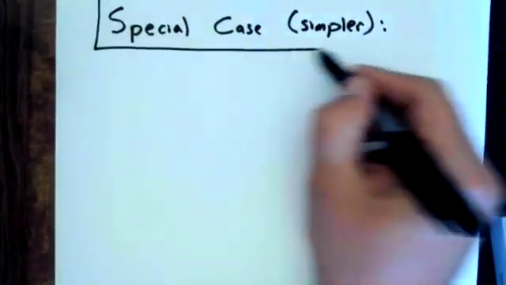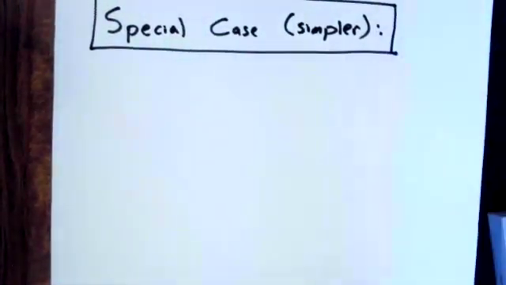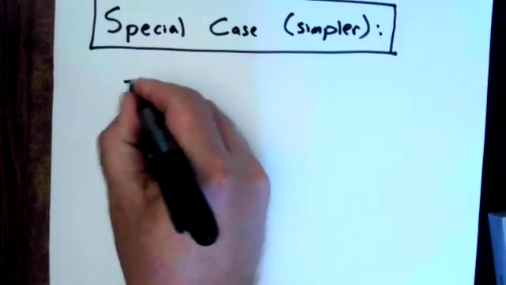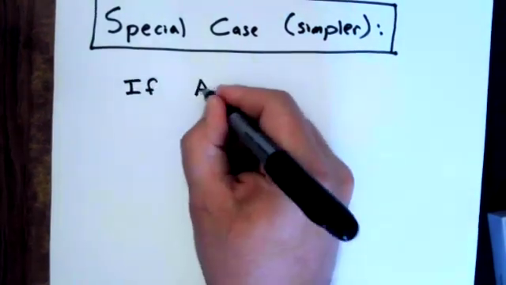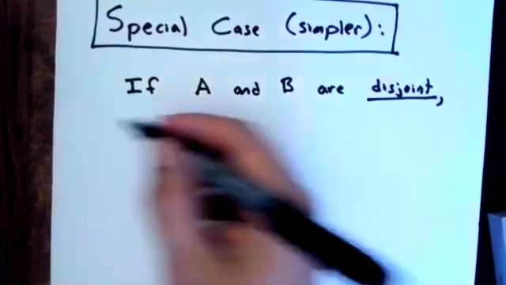Now there's a special case of this where it's simpler, but the simple special case only works if you're completely certain that you meet the conditions to apply it. Let's talk about that simpler special case. So if A and B are disjoint, that means they have nothing in common.